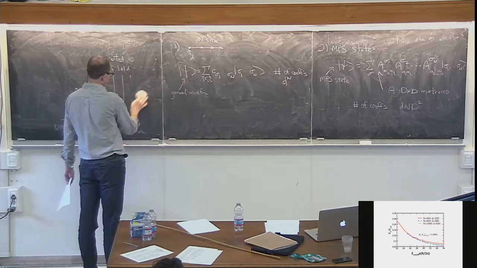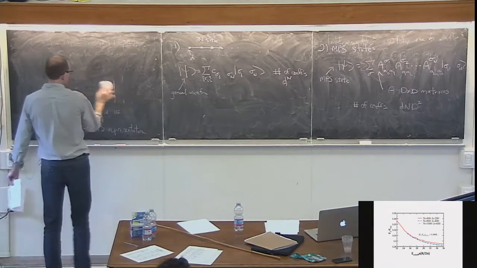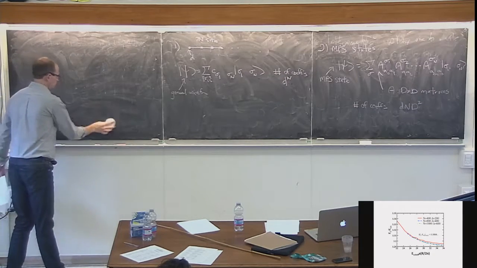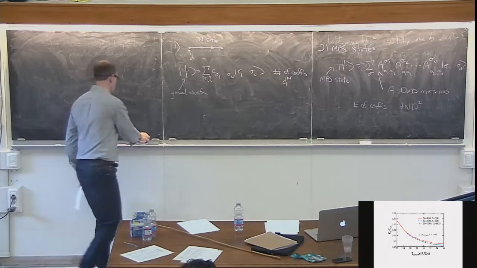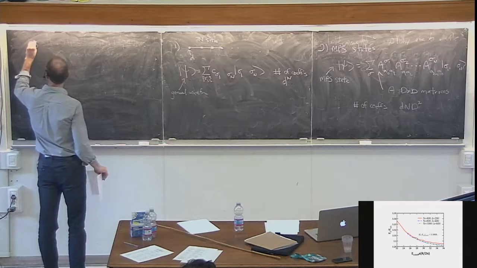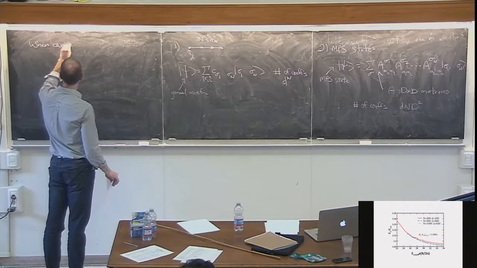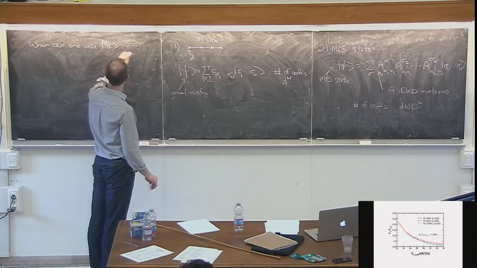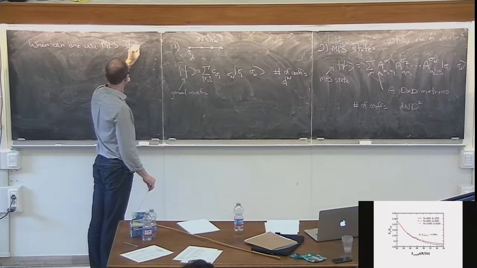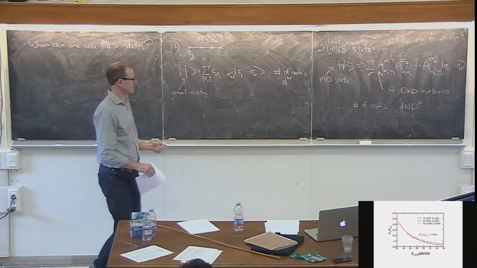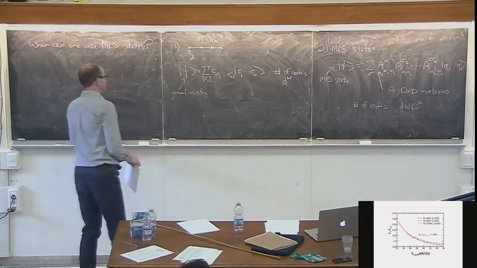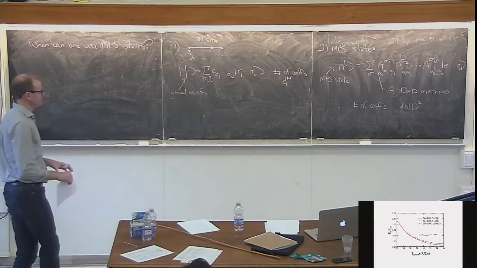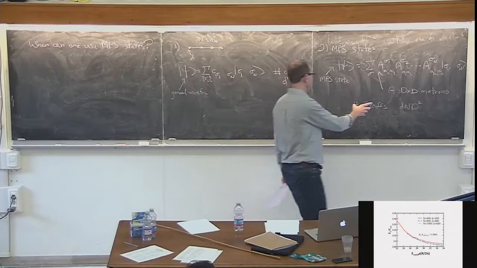But, of course, the question is, when can one use a matrix product state representation? So the question is when can you use this much more efficient representation?